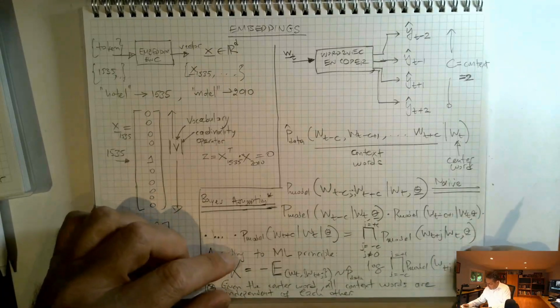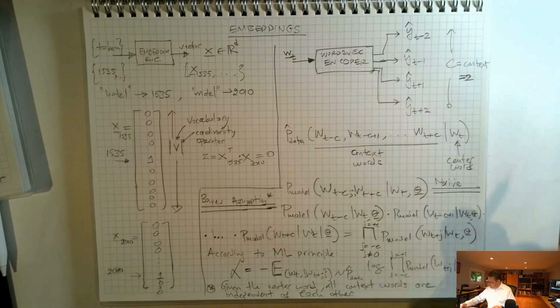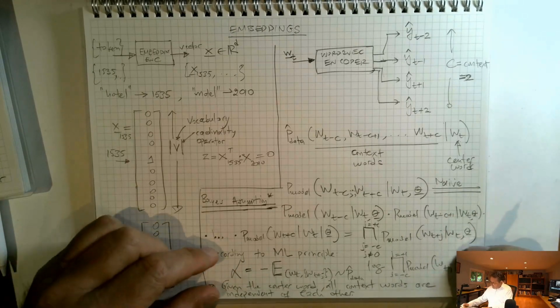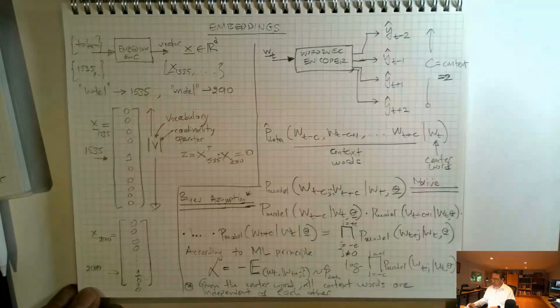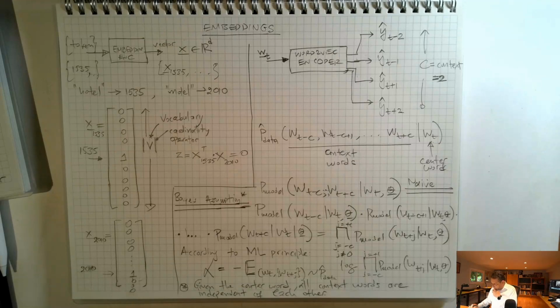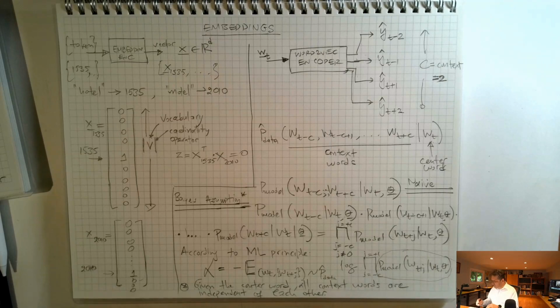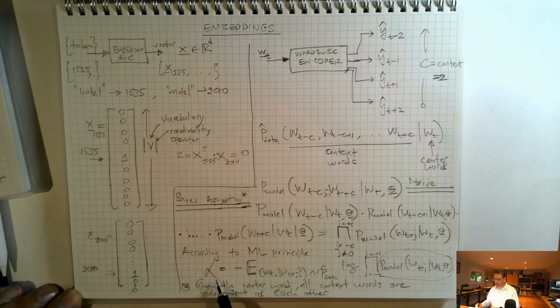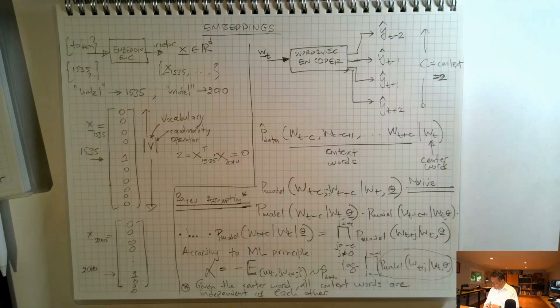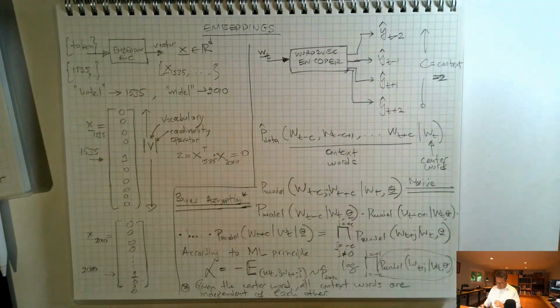So this is our maximum likelihood principle from first principles, and how it is written in the specific problem here. All right. So this is the equation of the loss function. So we need to construct an architecture that will model this and will minimize this loss function in order for the architecture to be able to predict accurately the context words.